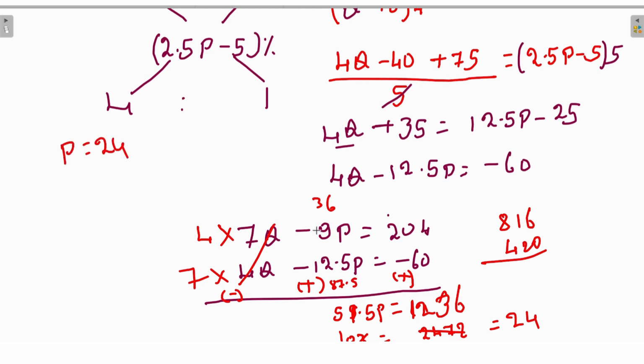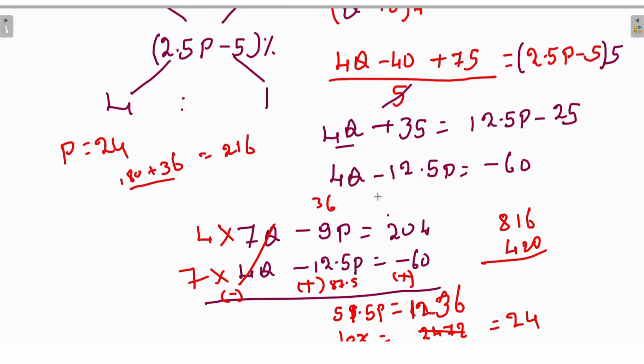If I substitute 24 into any one equation, 24 into 9, 180 plus 36. How much will it be? 180 plus 36, because 20 into 9 is 180, 4 9s are 36. 180 plus 36 will be 216.